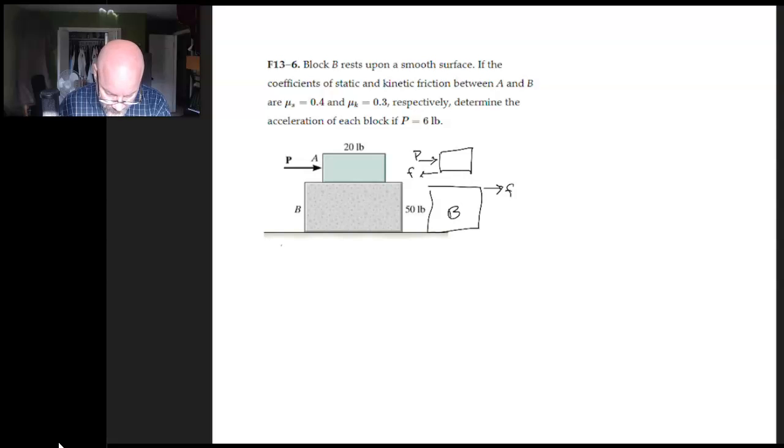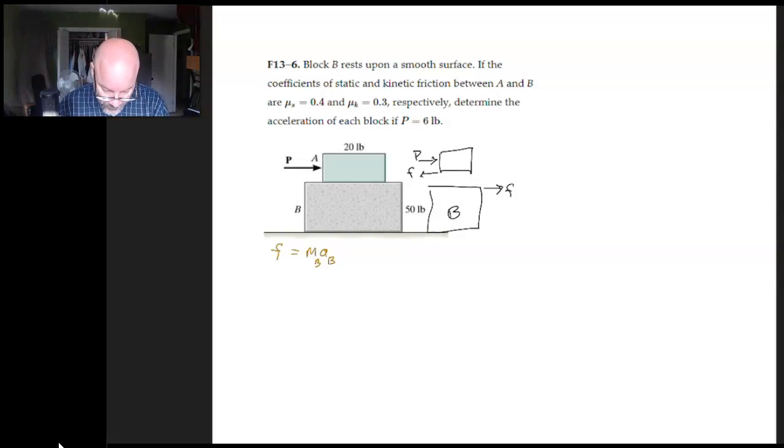We can say that friction is going to be equal to M_B A_B. Now we have to say, is that going to be kinetic friction or static friction?